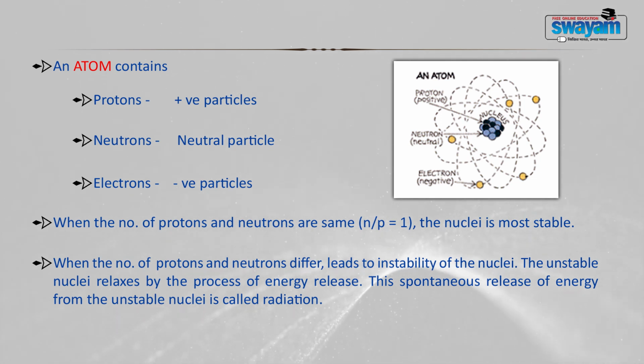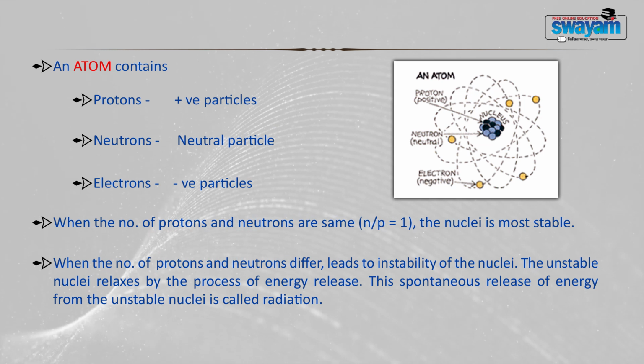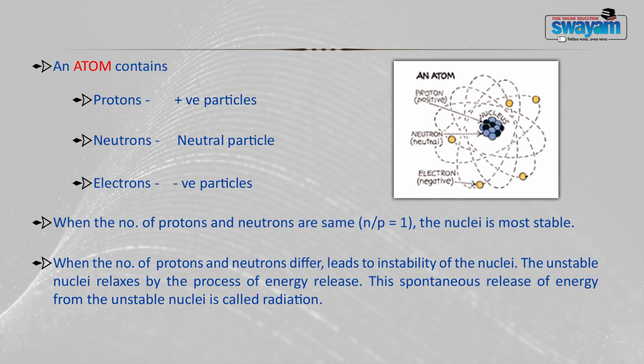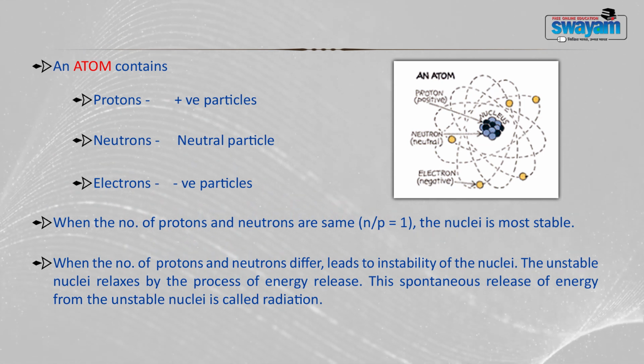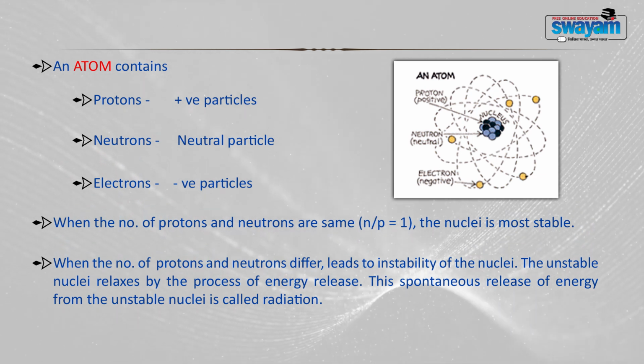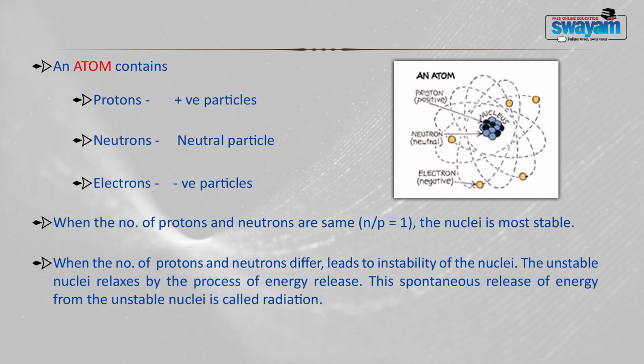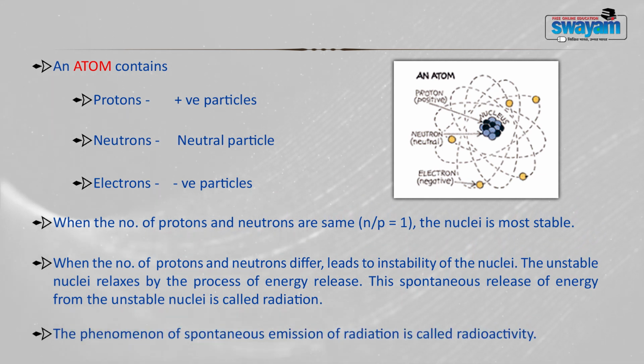The unstable nuclei relax by the process of energy release. That is, to attain stability, the nucleus releases energy, and this spontaneous release of energy from unstable nuclei is called radiation, and this phenomenon of spontaneous emission of radiation is called radioactivity.